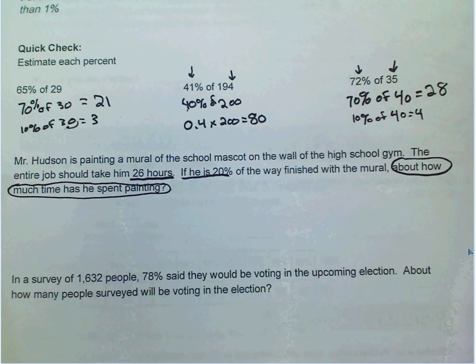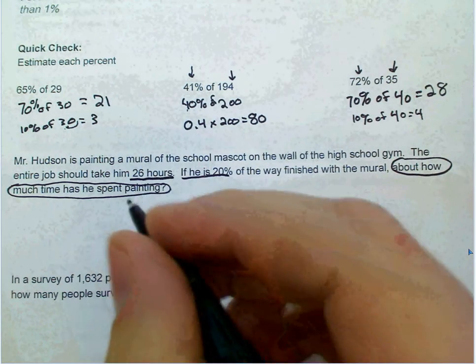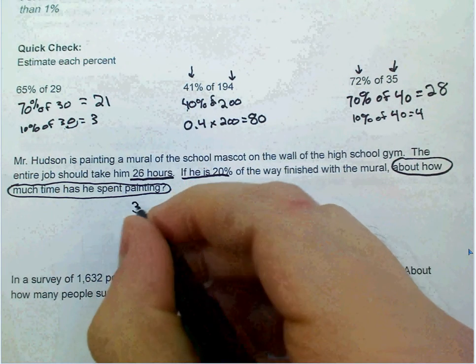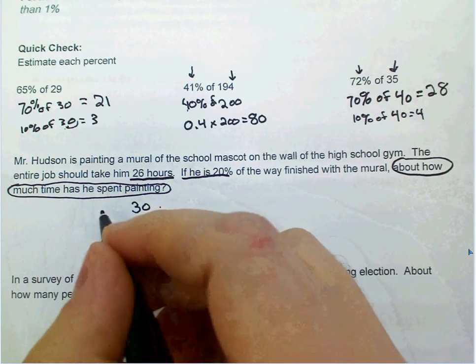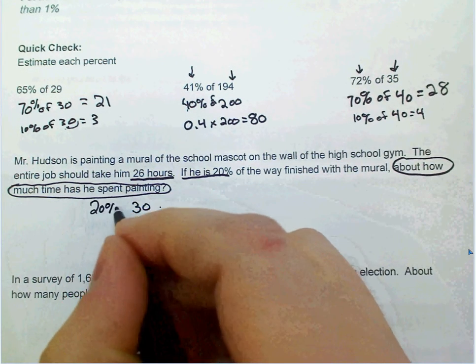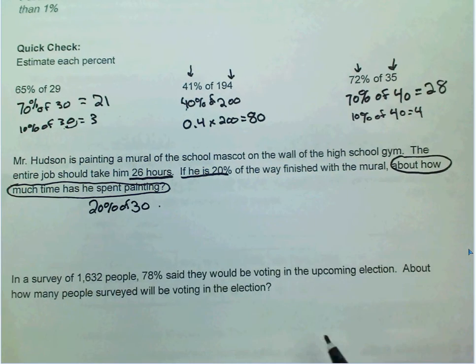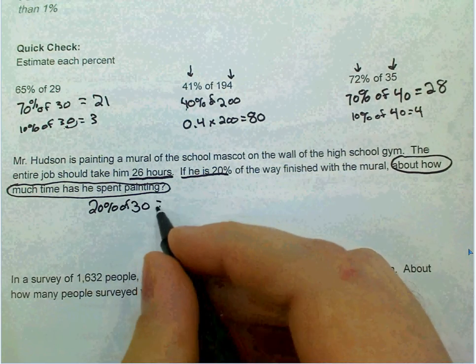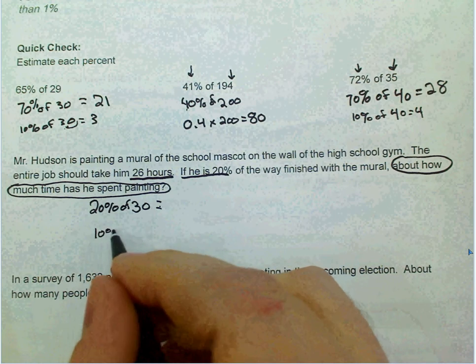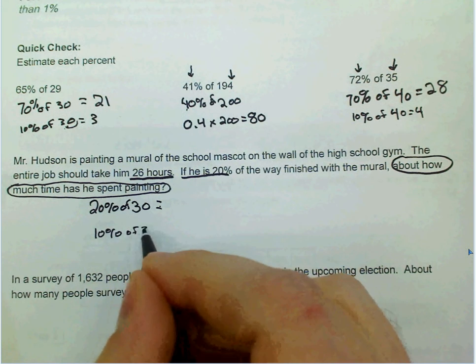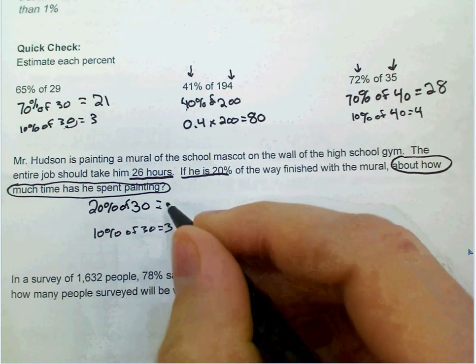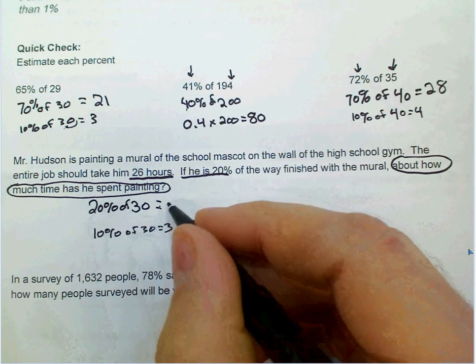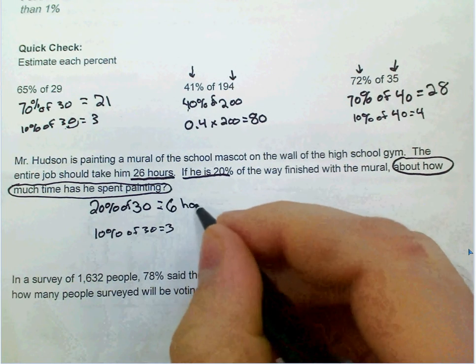Okay, depending upon how accurate you want to be with this, we could round 26 to 25 or up to 30. 30 is easier since we're at 20% of 30. We find out what 10% is, and then from there multiply it by 2 and we get 6 hours.